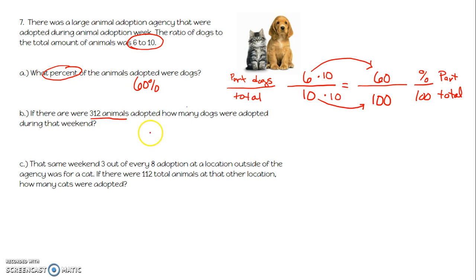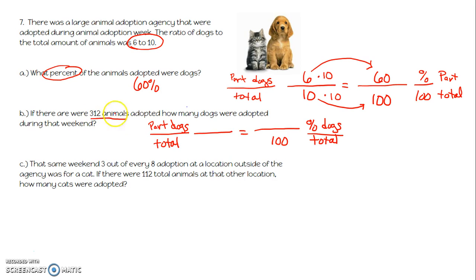Well, we could go back. I would assume maybe they want me to use your percent. We could go back to the original, but I guess I'll use the 60%. So again, we do part that were dogs over your total equals the percent that were dogs out of your total percent, which is 100.